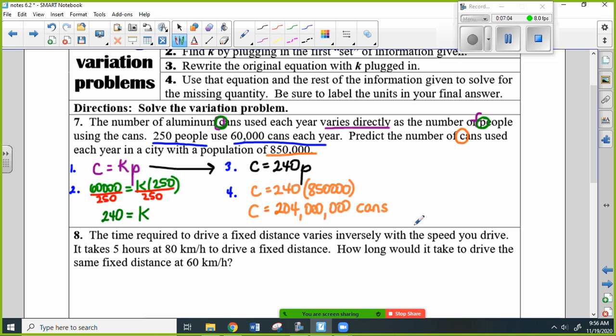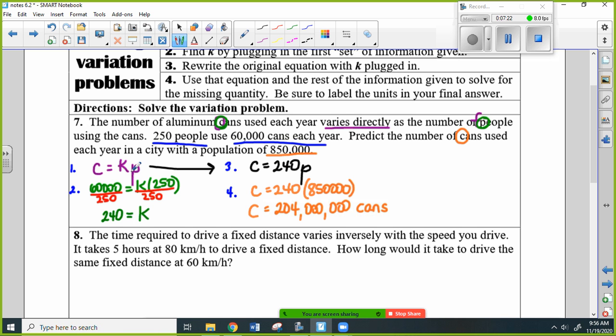Okay, so let's kind of run through that one more time. So what you need to do is you need to read the problem, and you need to try to create an equation that represents just the relationship. Don't worry about numbers yet.